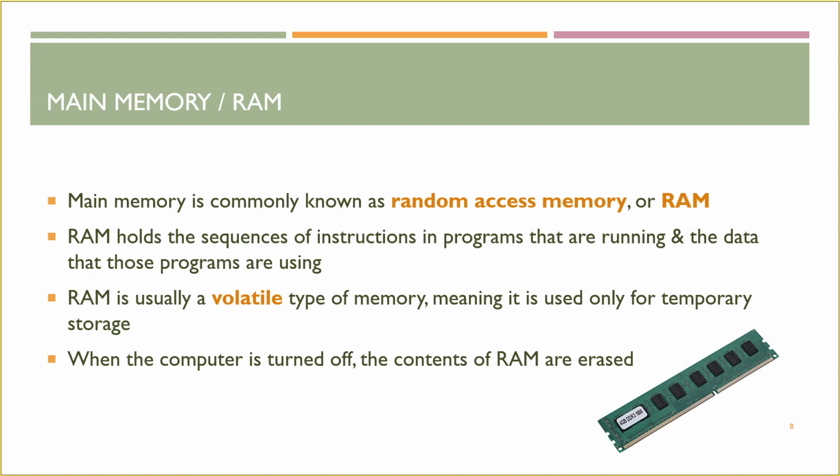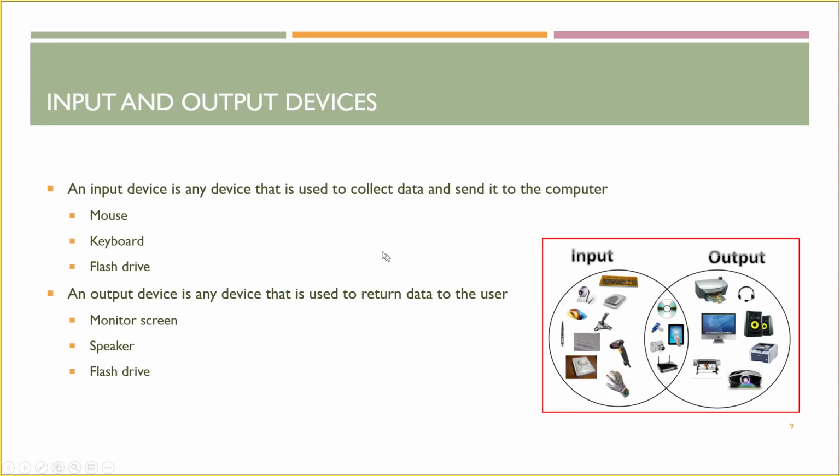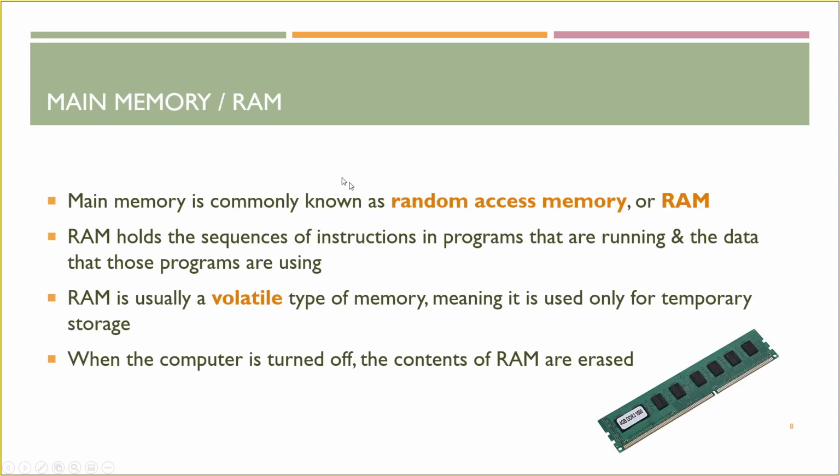You can't get those back. This is different than storage, right? If you were playing a game and you saved your game, your save file would probably be stored somewhere on a storage device, and you could boot your computer back up, reload that saved file, and you would be good to go.